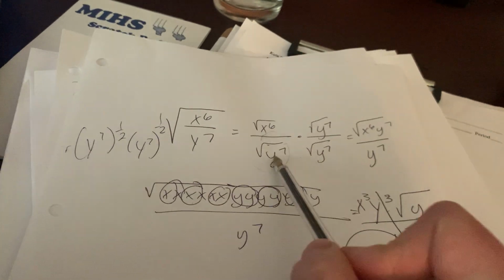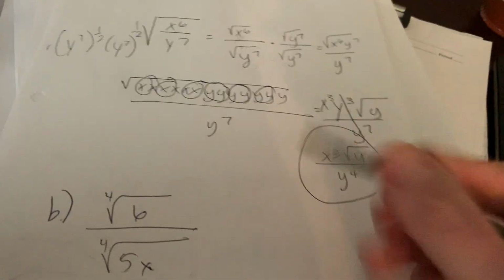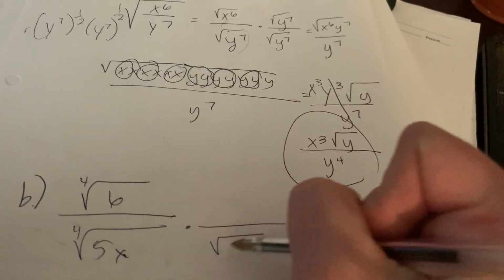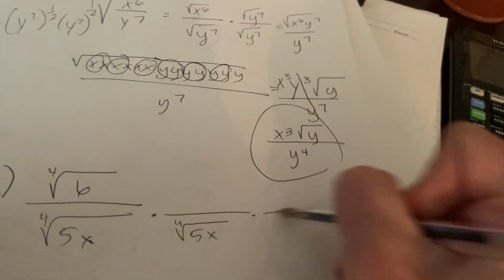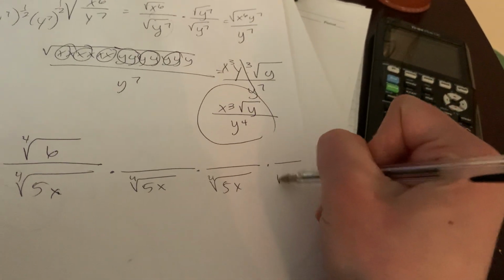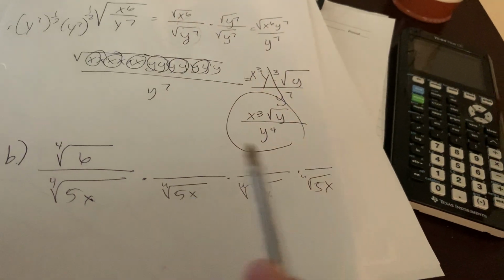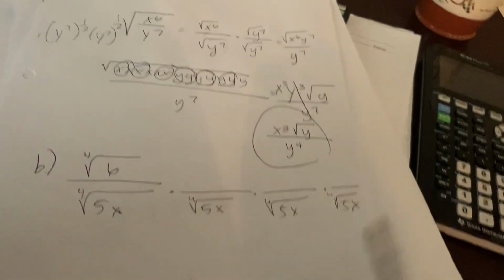Well, a half power and a half power make a whole power. So a 4th power, you're going to need 1, 2, 3 more to make a whole power. A 4th, a 4th, a 4th, a 4th makes a whole.